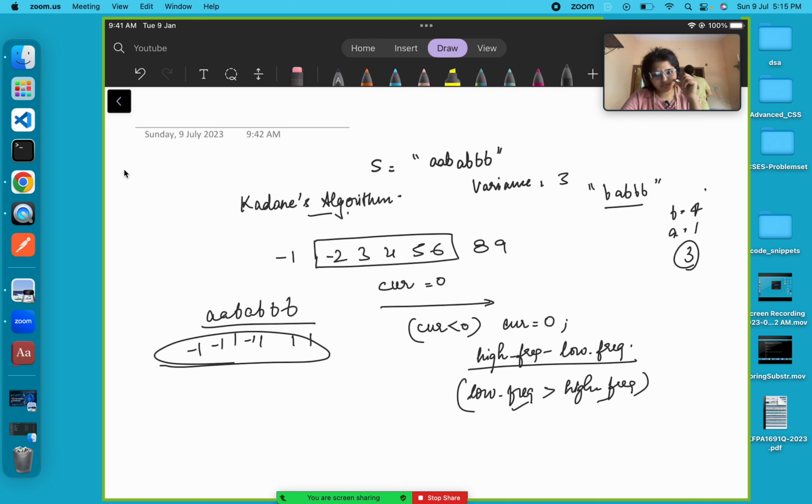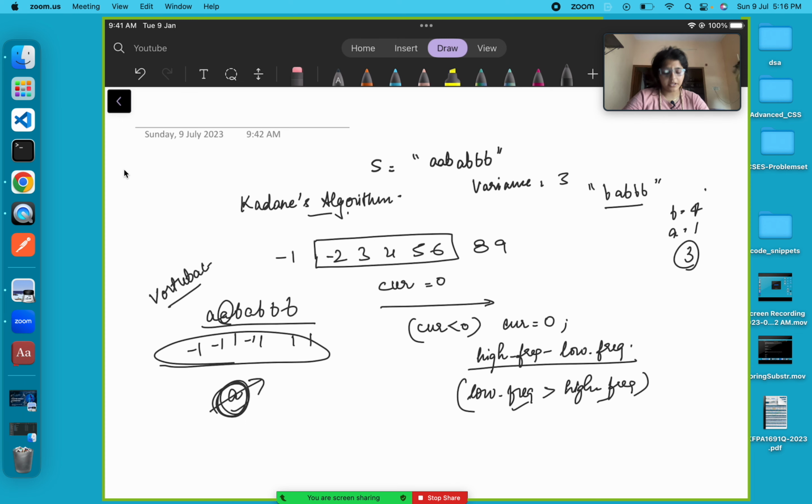But in the solution shown by Vertuback, if you know, the problem is that he has taken a variable for whether the low frequency variable has occurred or not, not in this subarray but before. Suppose A is the low frequency, so has A occurred in any subarray before? So he maintained two variables, but I think that becomes tough. Anyhow, I'm not getting that solution thoroughly.